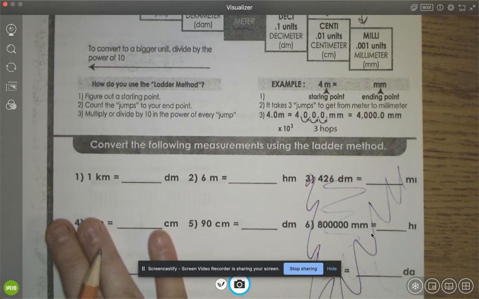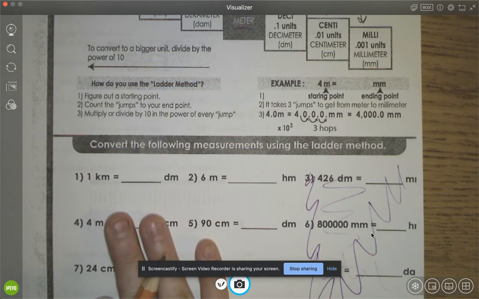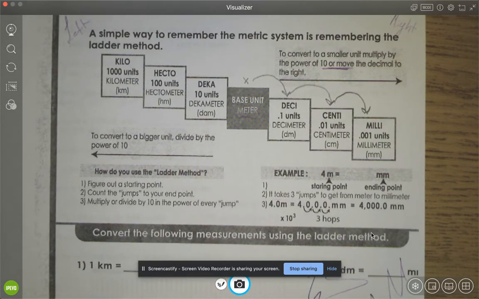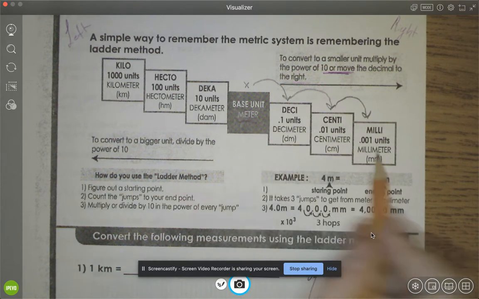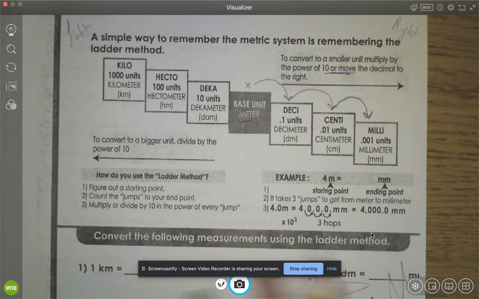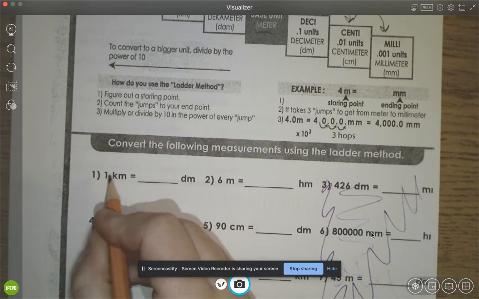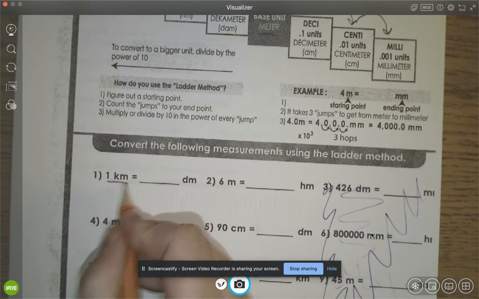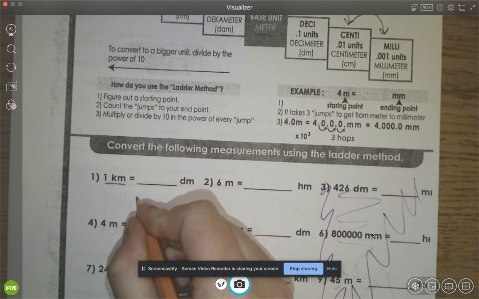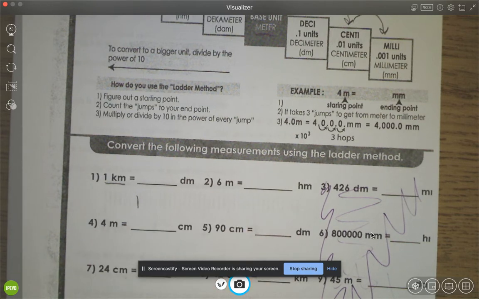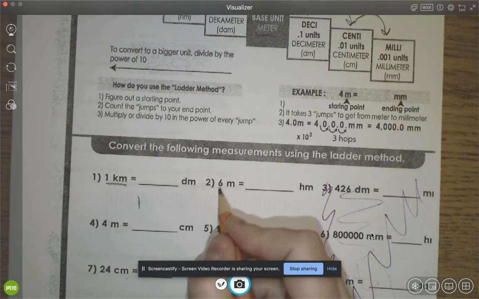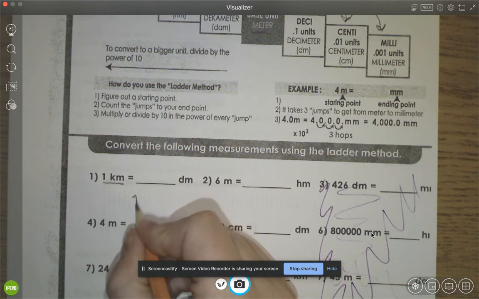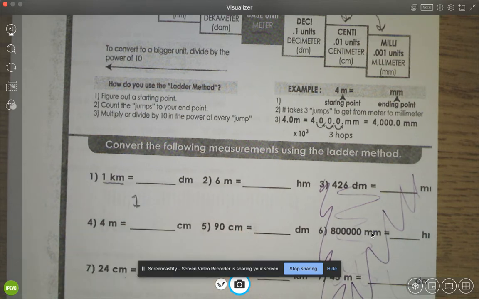Okay, so here we have an example. And remember, guys, which direction we're moving is which way the decimal is going to be moving. So we have 1 kilometer, right? We're starting out with 1. So just go ahead and write that 1 right there. We have 1 kilometer. Maybe a little fancy little 1, so you know.